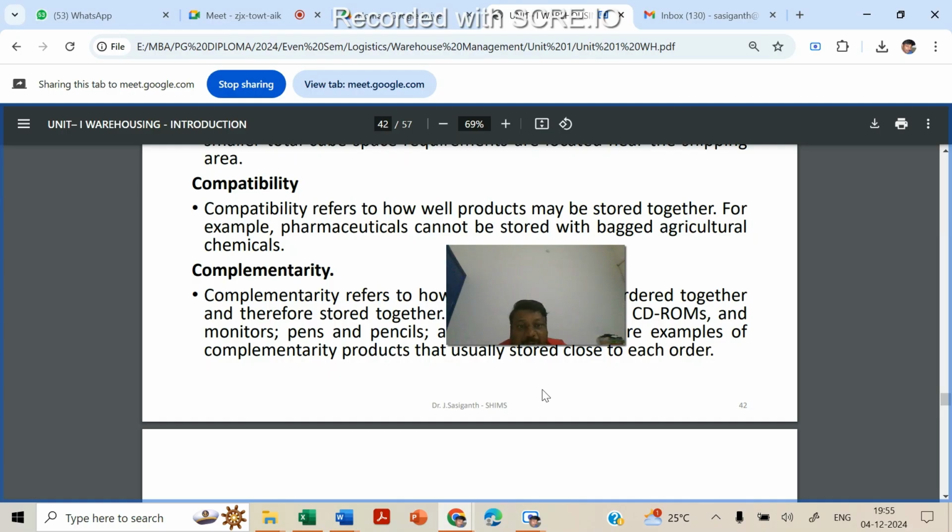And if you are shipping any chemicals, you should not carry any food items with that, or any vegetables, raw meats, or any other poultry exports. Nothing should be mixed with that, because pharmaceutical products are totally different, they are chemical products. So you need to see the compatibility.